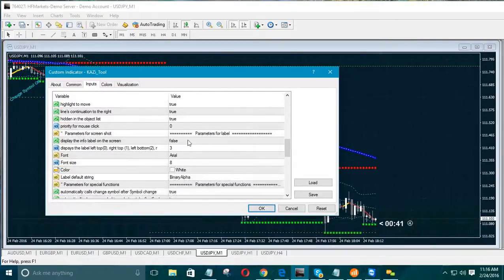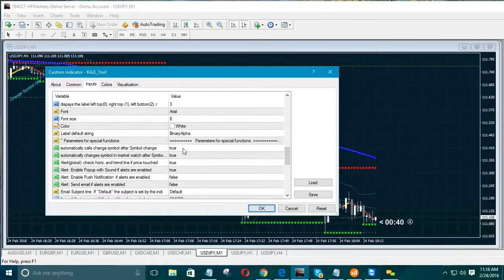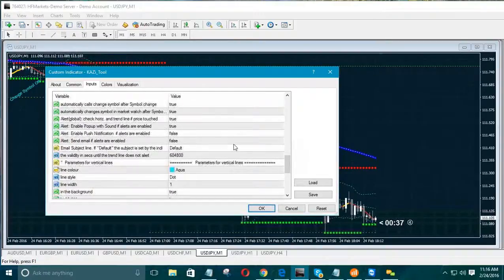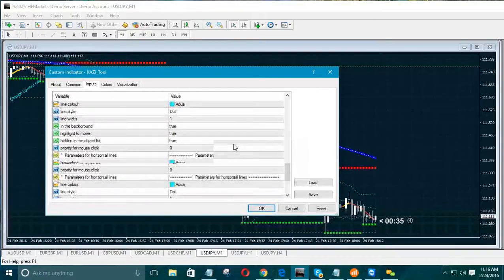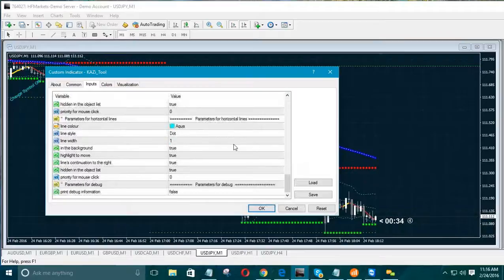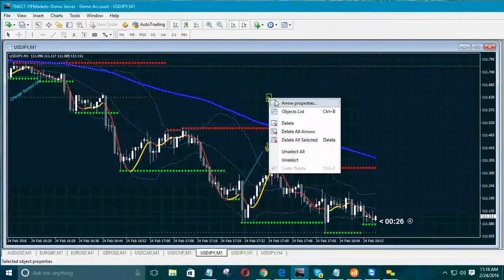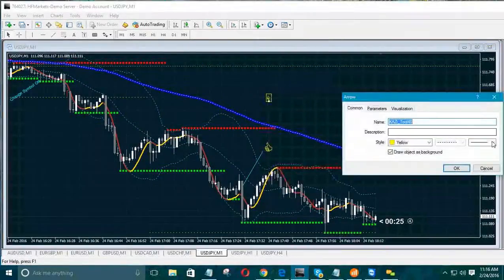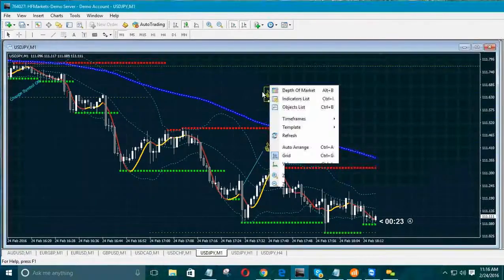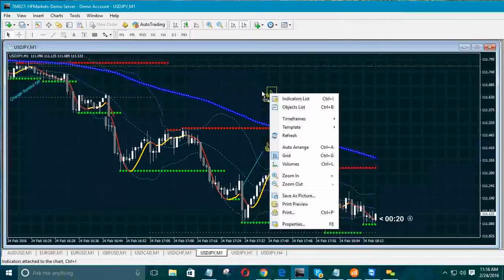Parameter for trend lines, parameter for labels, parameters for special functions. Vertical lines, horizontal lines. Yeah, maybe there's not. If there's not, then you just have to double click on it, right click, and do it manually. It only takes an extra 2 or 3 seconds to do that manually, so it shouldn't be too bad.